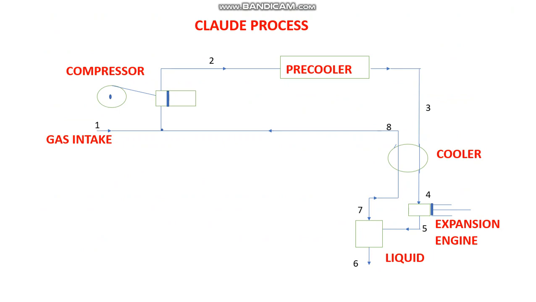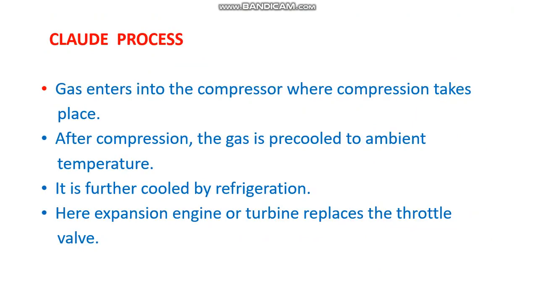It is converted into liquid and then separated in a separator where you get the liquid, and the remaining gas is recycled back to the compressor. Here the expansion engine or turbine replaces the throttle valve. In the Linde liquefaction process we use the throttle valve. In the Claude liquefaction process we use an expansion engine or turbine.